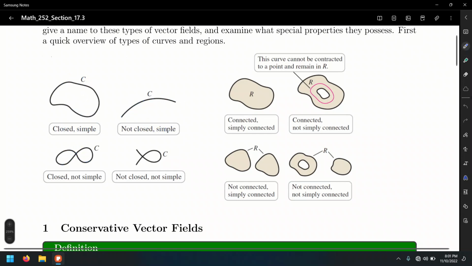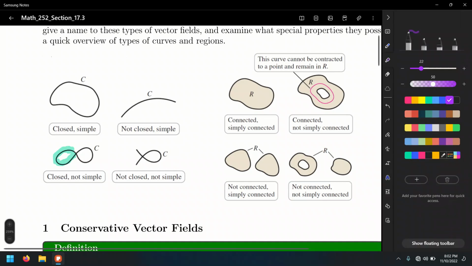This case is closed but not simple, because we can define this as our C1 and then another C2, two different paths. And in this case, not closed, not simple. It crosses itself, so that's a C1, C2, and then C3. So we would need to parameterize this into three piecewise functions.